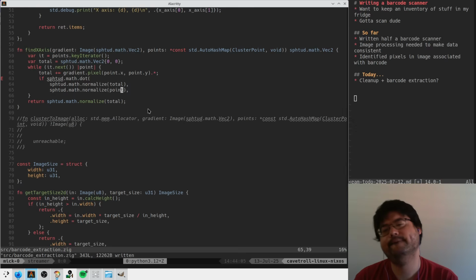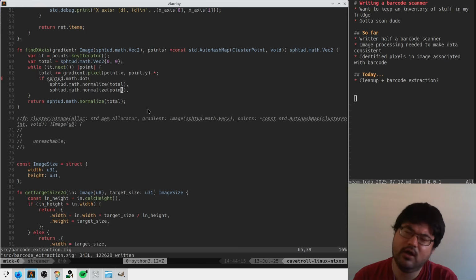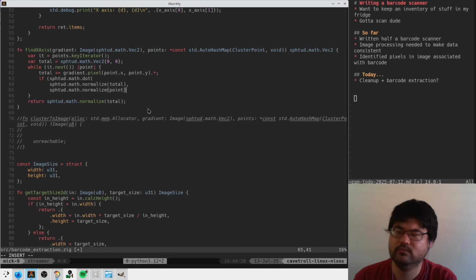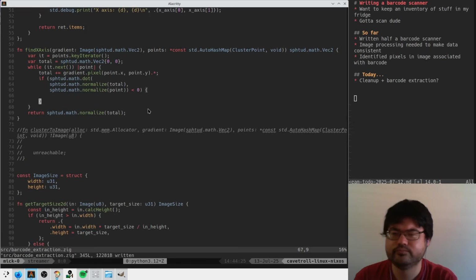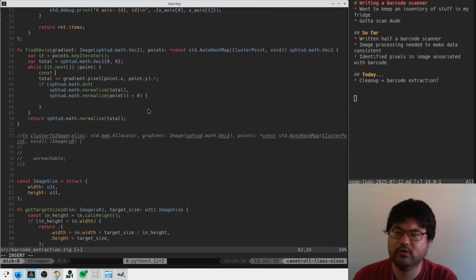Oh, no, this is gradient direction. Never mind, this is fine. If this is negative, this gradient is the gradient we extracted.